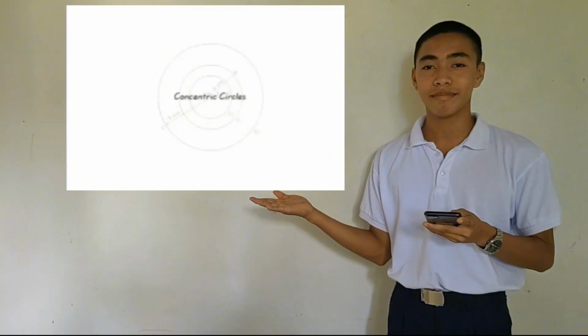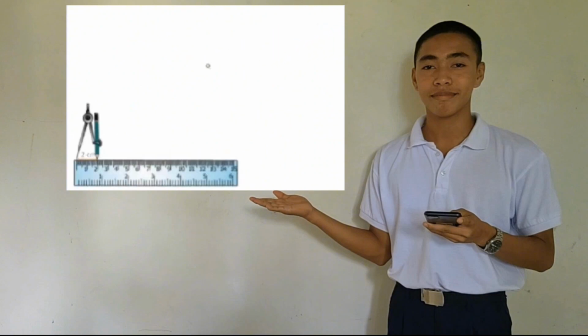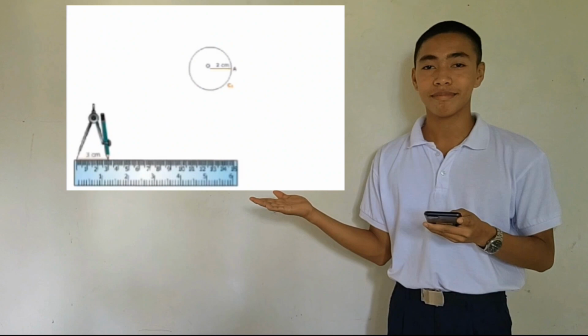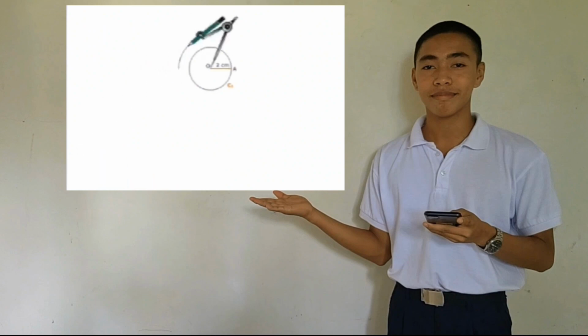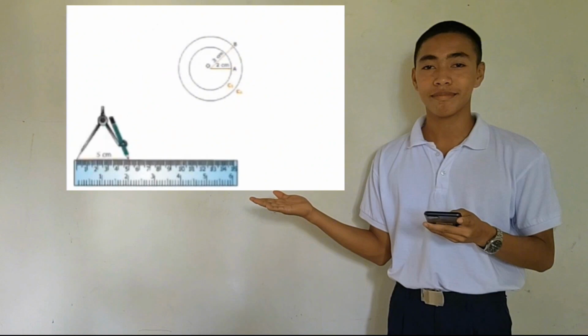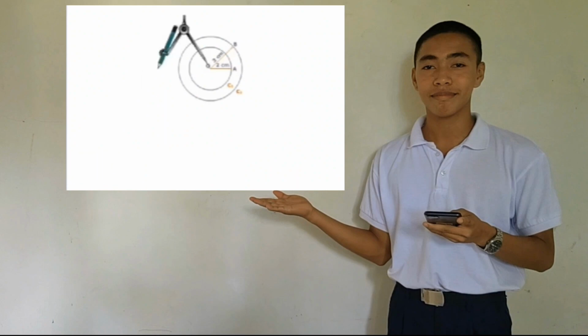Concentric circles. Draw a circle C1 with center O and radius equal to 2 centimeters. With the same center O and radius is equal to 3 centimeters, draw another circle C2. With the same center O and radius equal 5 centimeters, draw a third circle C3.